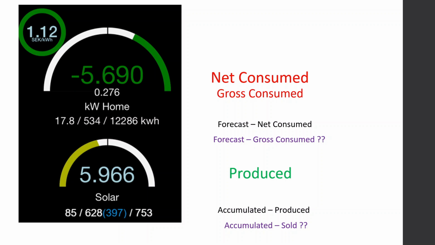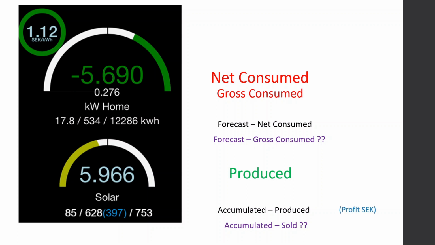That is still interesting to know, how much I'm actually consuming by month or by year, including the energy that I'm producing. And then the accumulated sold would also be interesting to see, how much I'm actually selling and that I will get paid for. So we will see if that fits in and we can add that.